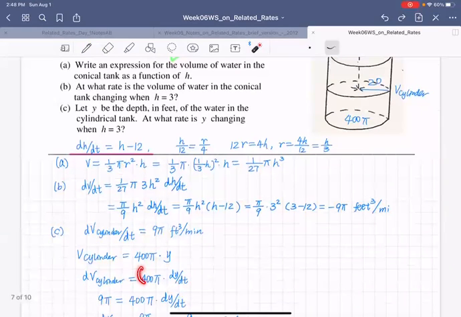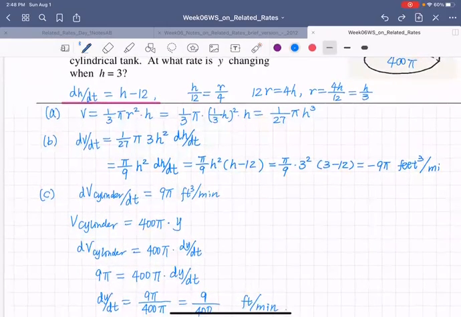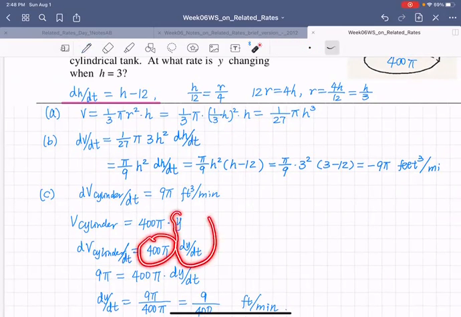And then the rate of change, dV cylinder over dt, equals this coefficient times dy over dt, right? dy over dt.